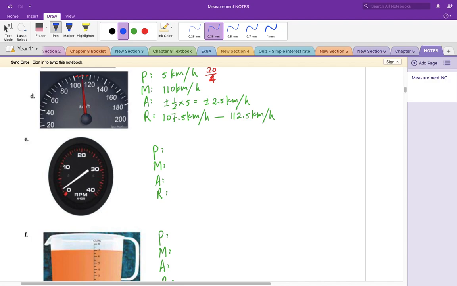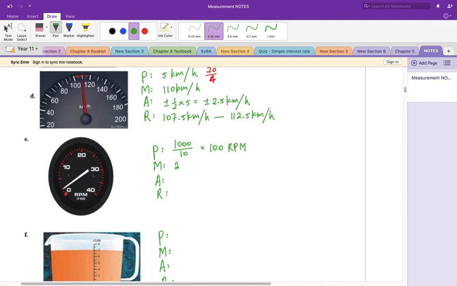So the position for this question, from 0 to 10, there are 10 parts, right? But this is actually 0 to 1,000. So for 1,000, you divide it into 10 parts. That's 100 revolutions per minute. That's the position. And the actual reading, it's 2.